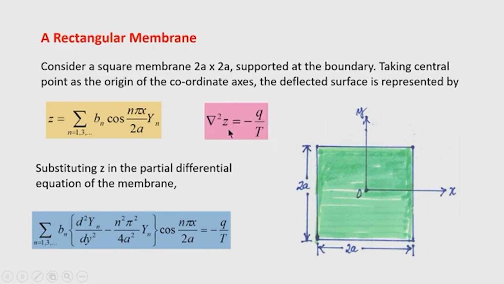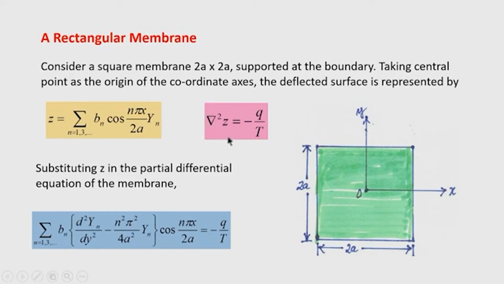If I substitute this in the differential equation, B n is a constant, and after substituting this we get the double derivative of y n, d square y n by d y square, and the cos n pi x by 2a is differentiated 2 times with respect to x, because this equation contains the second derivative of z with respect to x as well as the second derivative of z with respect to y.